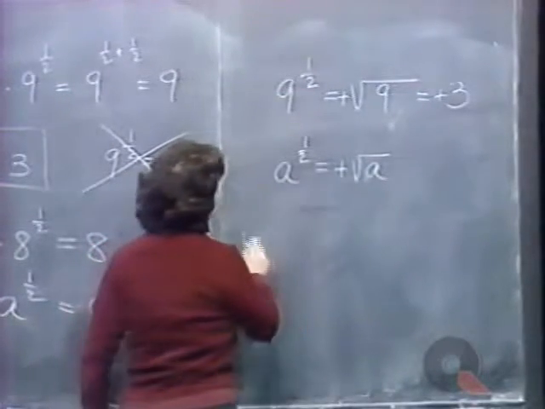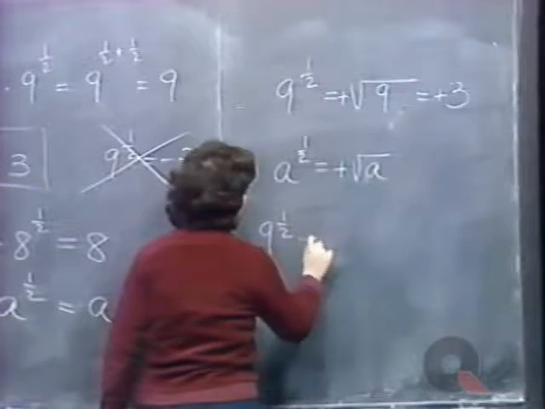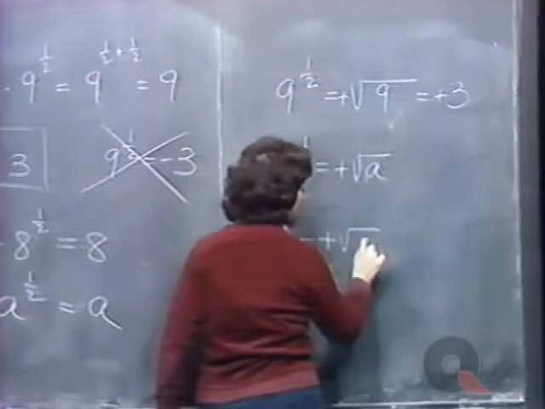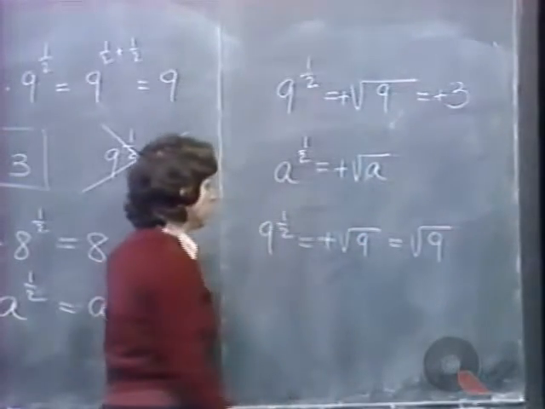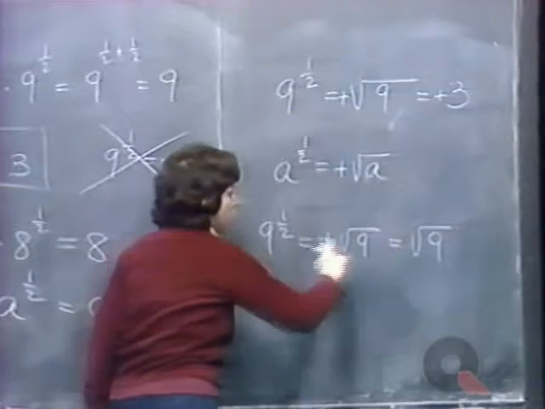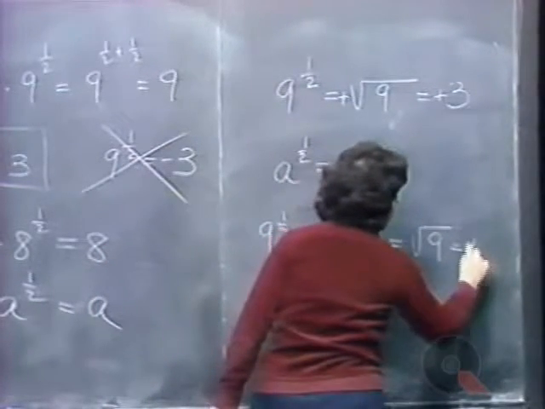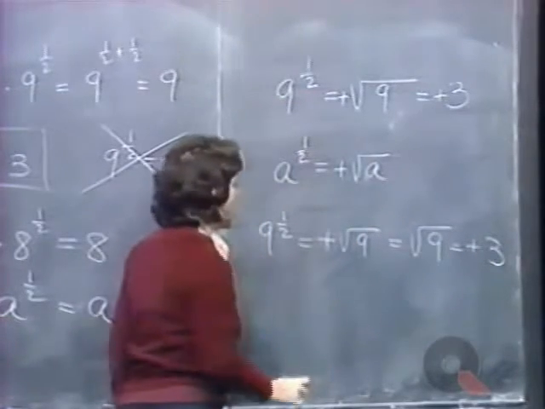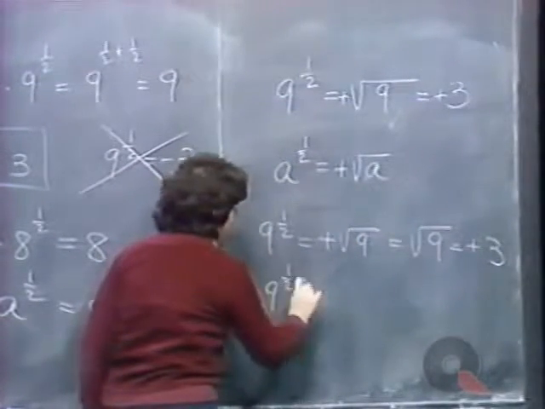Okay. Remember, 9 to the 1/2 can be written as the positive square root of 9 or just the square root of 9. If you see nothing there, it means the positive square root. This is plus 3. If I wanted minus 3, I would say the negative of 9 to the 1/2.